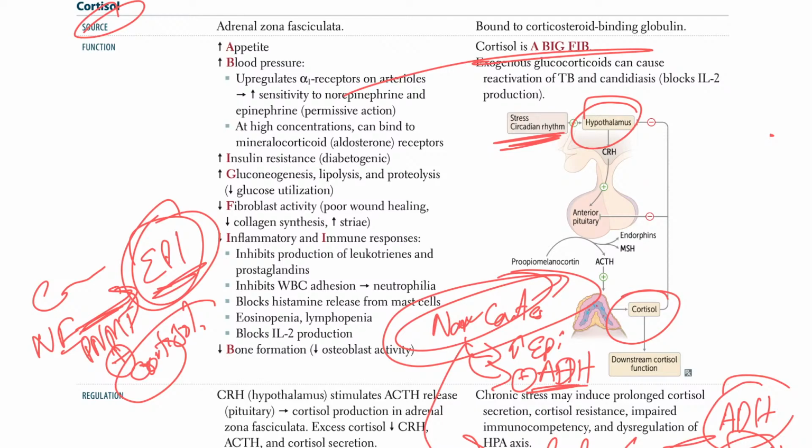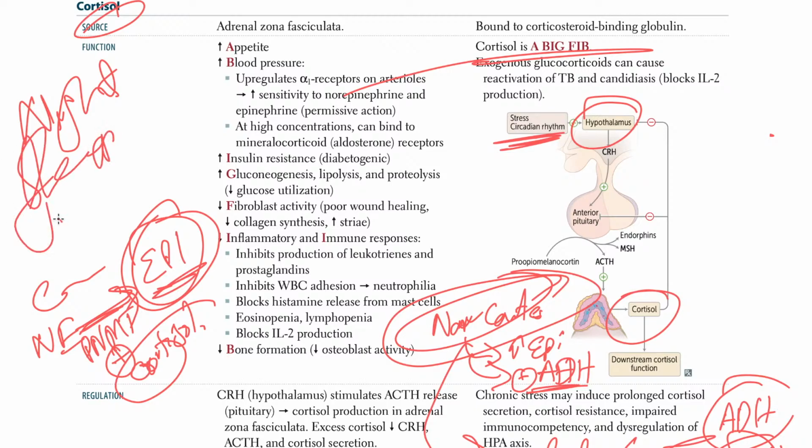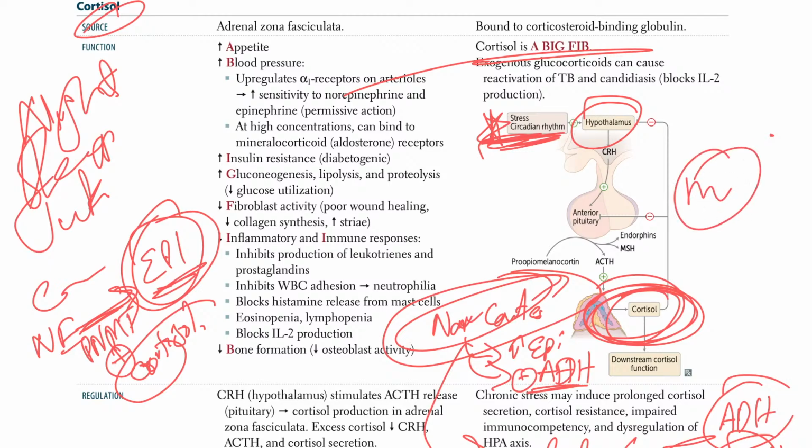So night sleepers, just before they get up in the morning, because they have a proper circadian rhythm going on, are going to have the highest cortisol concentration.